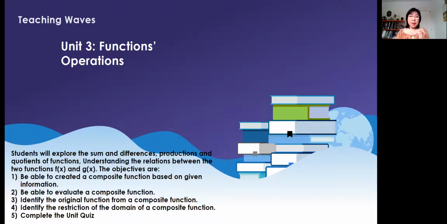The objectives are to be able to create a composite function based on given information, evaluate a composite function, identify the original function from a composite function, identify the restriction of the domain of a composite function, and complete the unit quiz. So after each unit, I offer you a quiz and you offer me the answer.